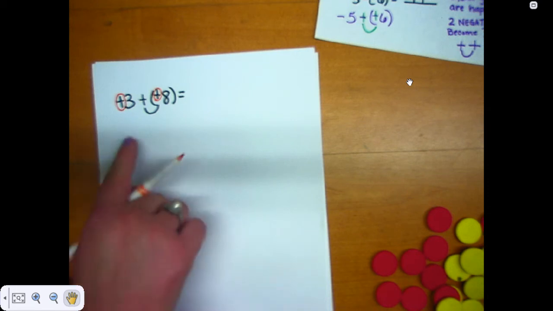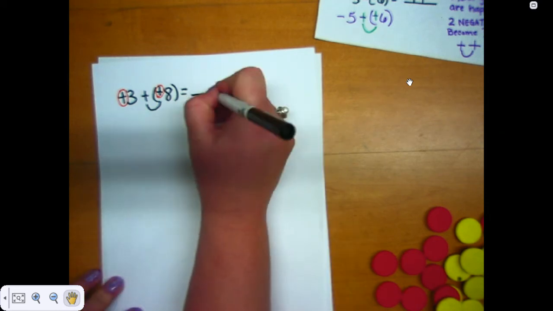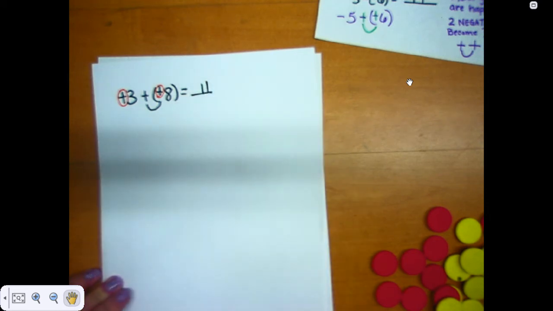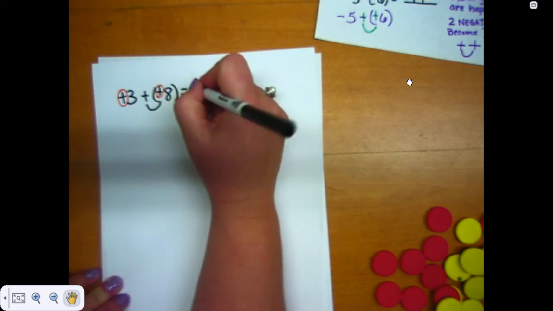So my signs are the same. Same means sum. So what am I going to do? Going to add. 3 plus 8 is what? 11. How do I know what sign I need? All of the numbers have positive signs. They're all the same, so I'm going to keep that positive sign.